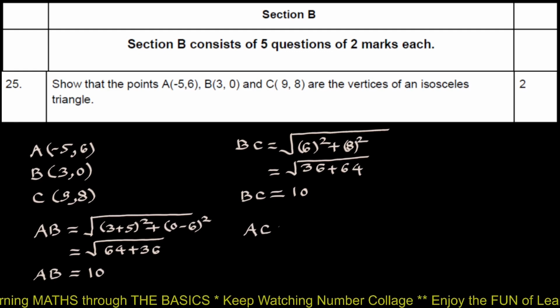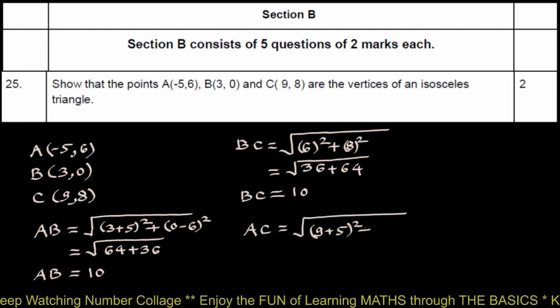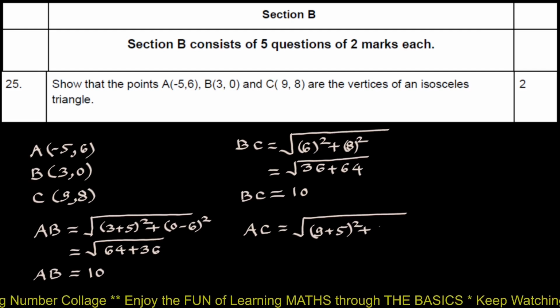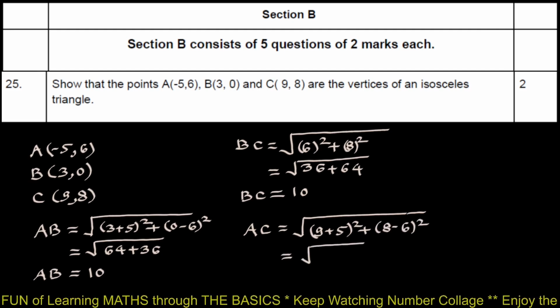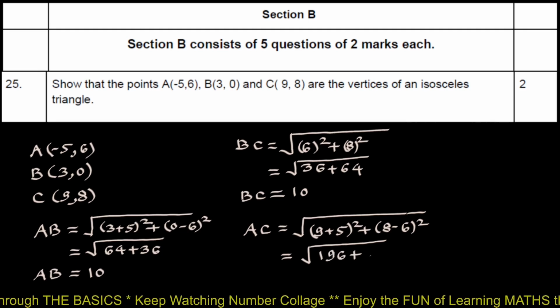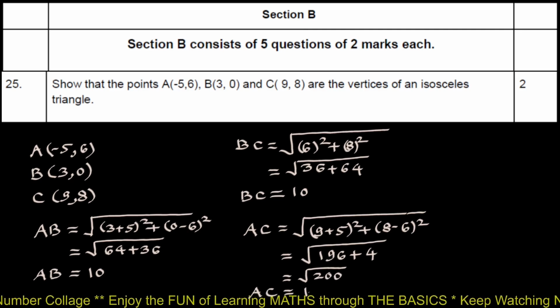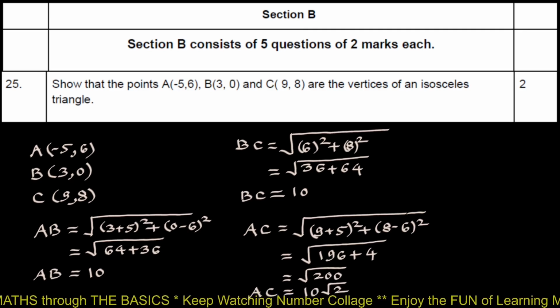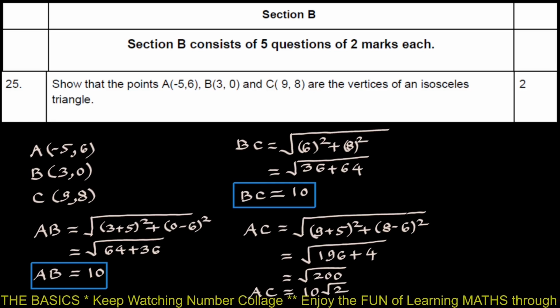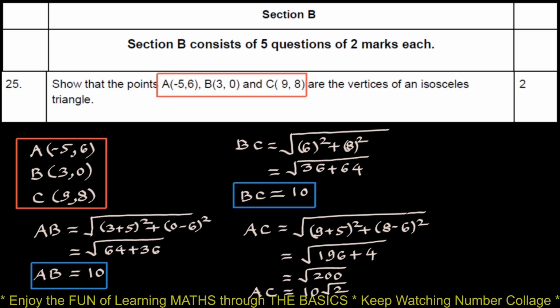Finally, AC is square root of 9 plus 5 whole square plus 8 minus 6 whole square, square root of 14 square, 196, plus 2 square, 4, square root of 200. AC is 10 root 2. Since two sides AB and BC are each 10, these points are vertices of an isosceles triangle.